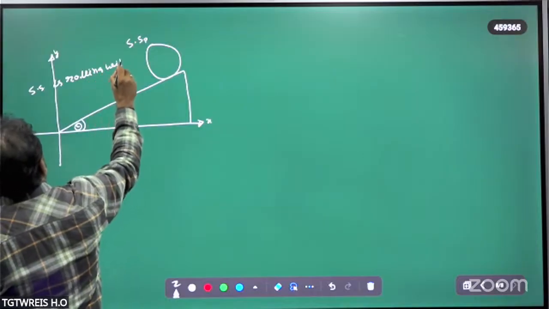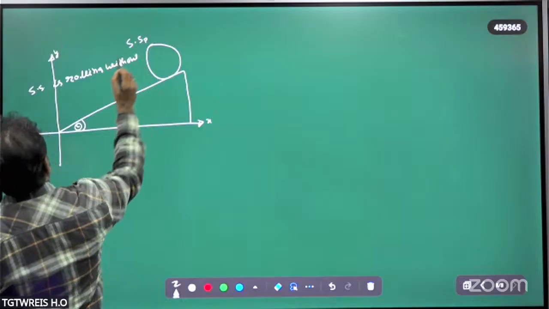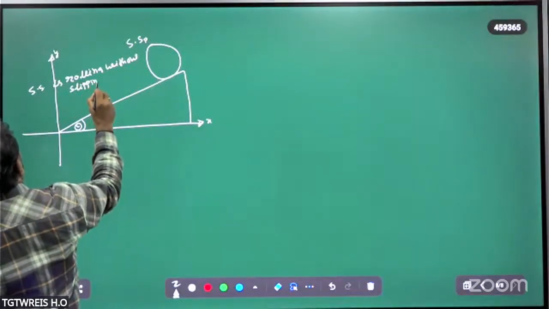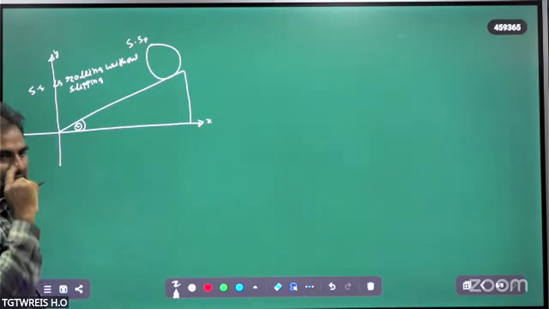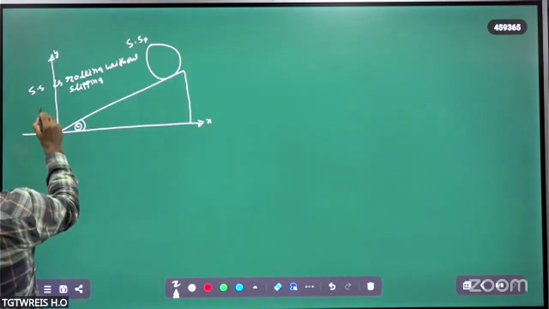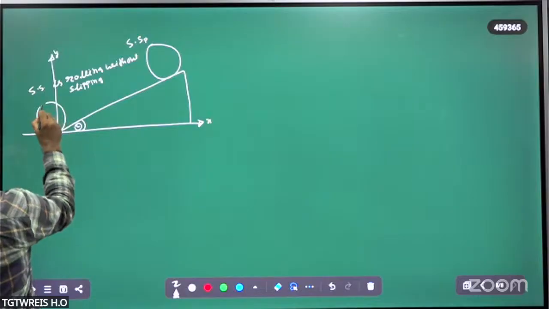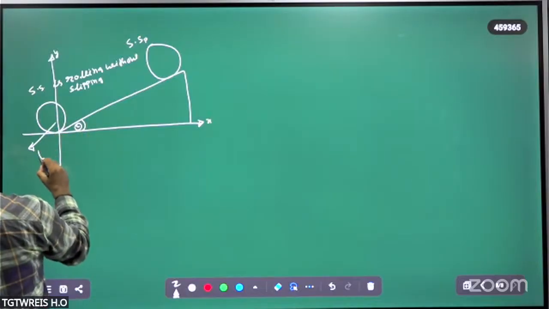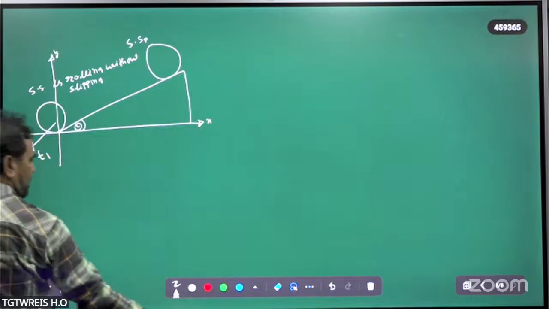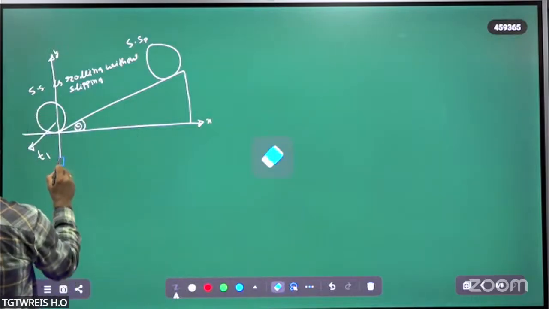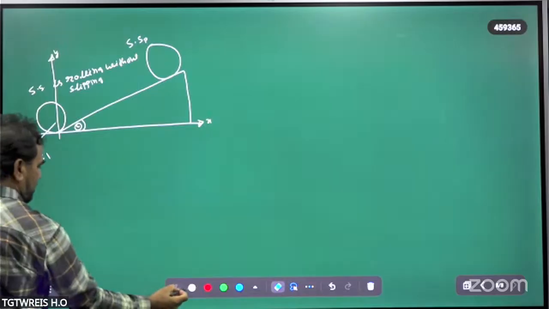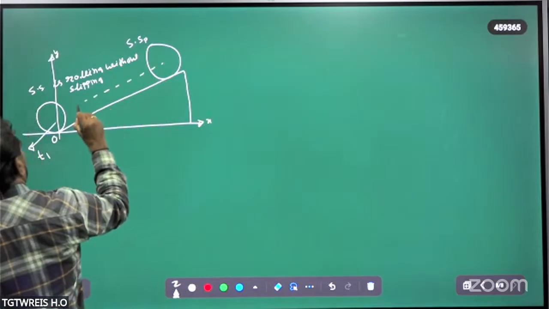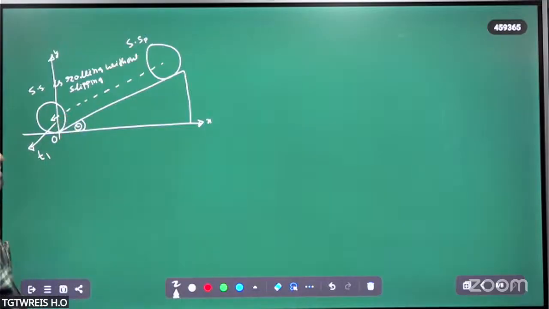So it will take a time of t1 when it reaches the bottom. How much time will it take? T1. It will take t1 seconds to reach the bottom.